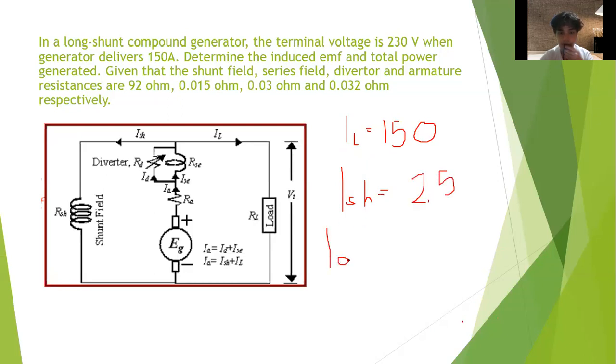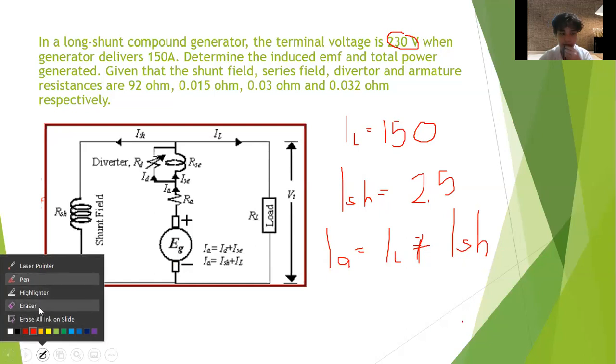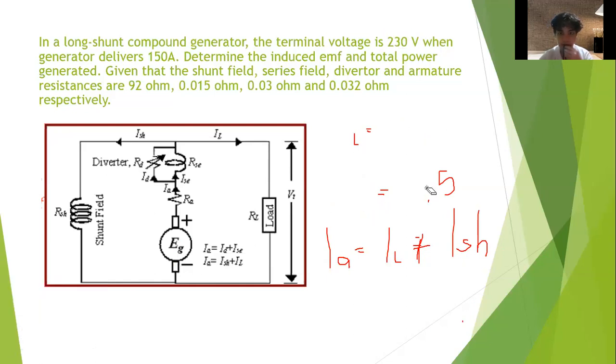To obtain IA, we only have to add the total load current and the shunt current.